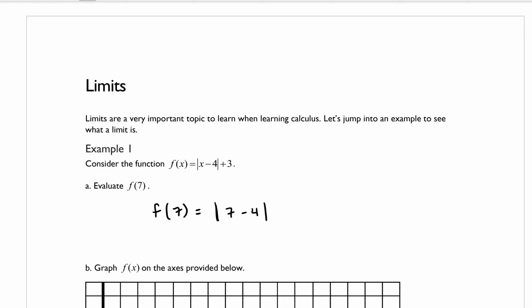So we'll have the absolute value of the quantity 7 minus 4, and then plus 3. So 7 minus 4 is 3, so we would take the absolute value of 3, and then add 3 to that, which if we simplify that would give us 6. So f of 7 is equal to 6.